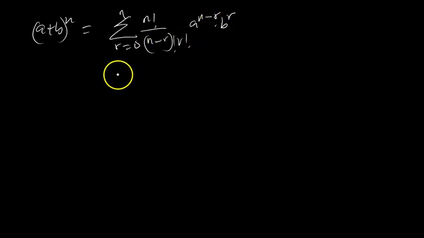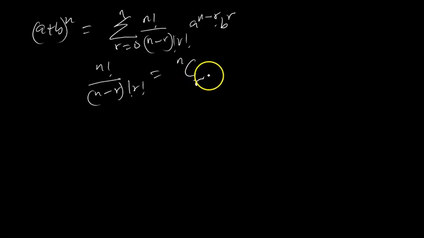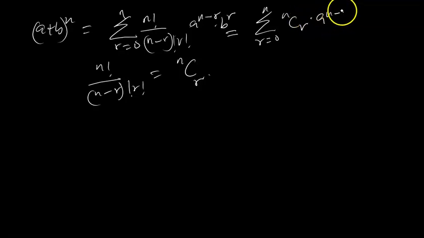I showed you that n factorial over (n minus r) factorial times r factorial is the same thing as n combination r. That means I can equate this to the summation of, n, r equals 0, nCr times a raised to power n minus r, b raised to power r.